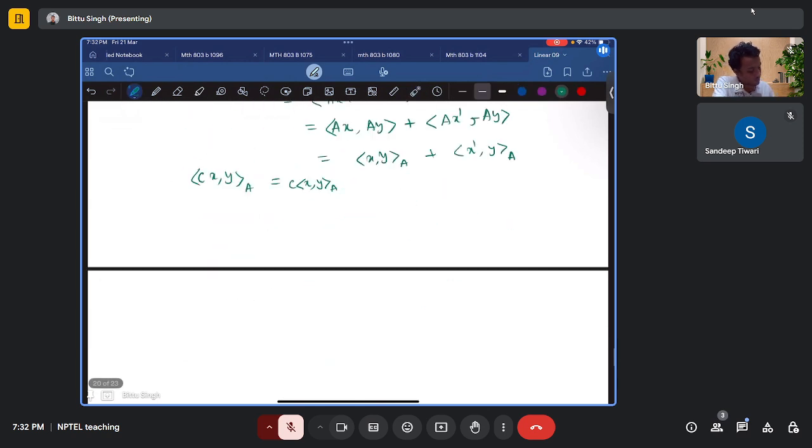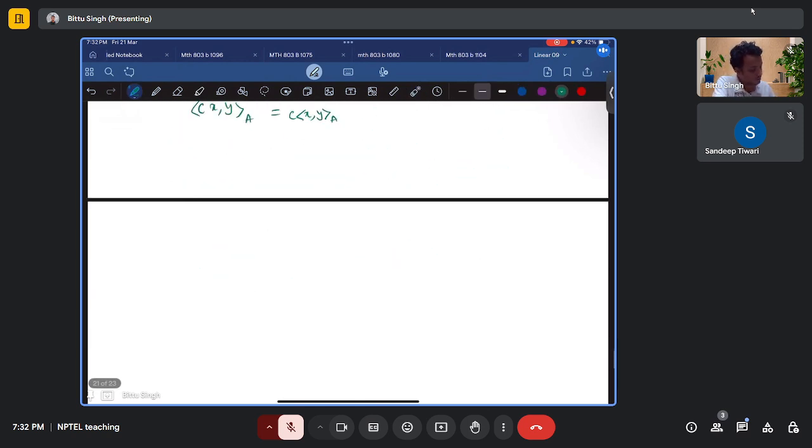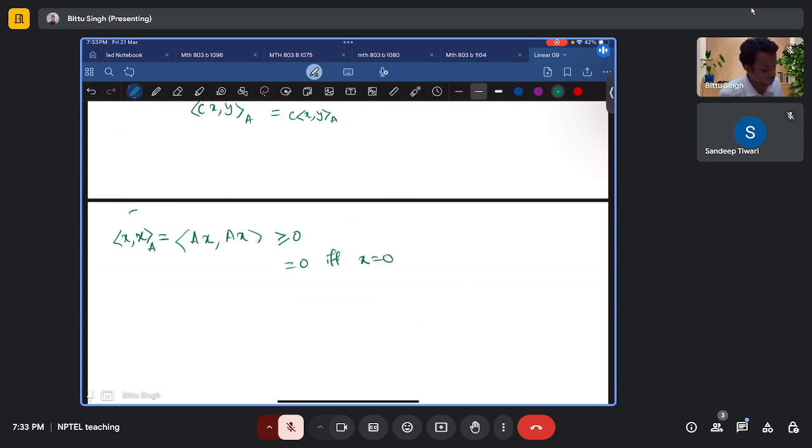So we only need to check the positive definiteness, that is, the inner product of two things is greater or equal to 0, and 0 if and only if x is 0. So we need to check those two properties.